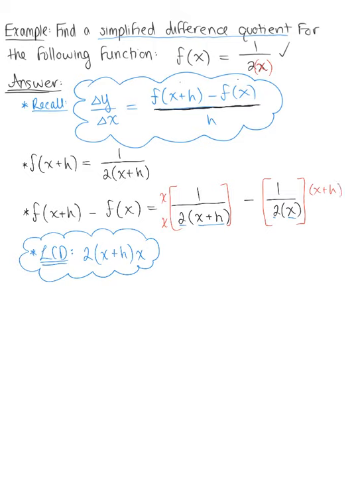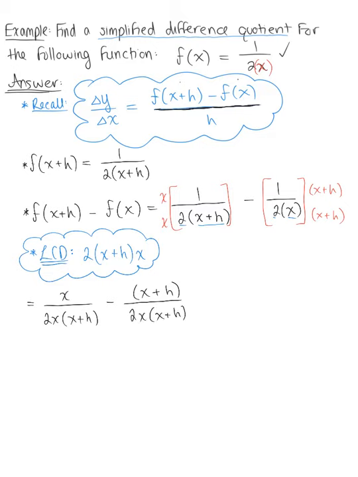So we multiply the numerator and denominator by x plus h. So this becomes x all over 2x times x plus h minus x plus h all divided by 2 times x plus h.